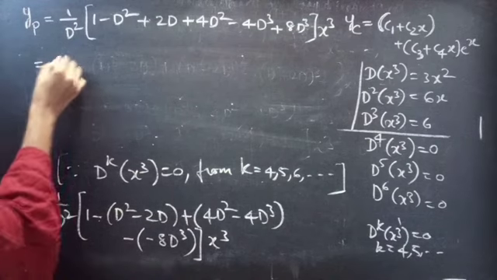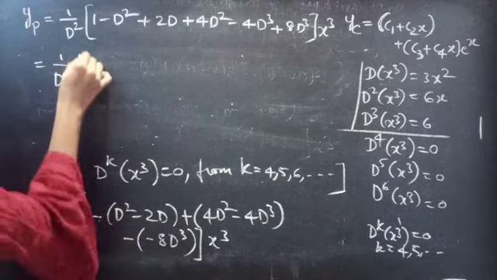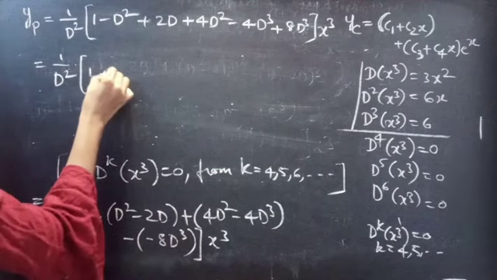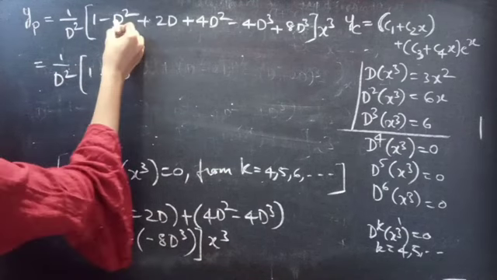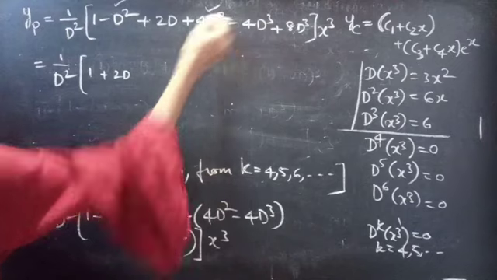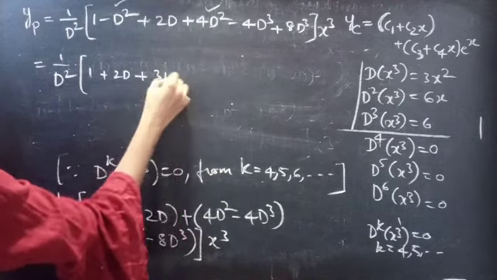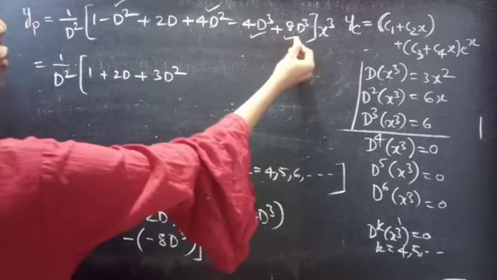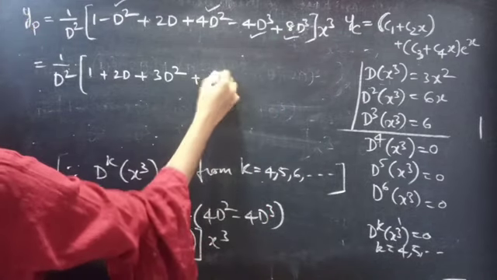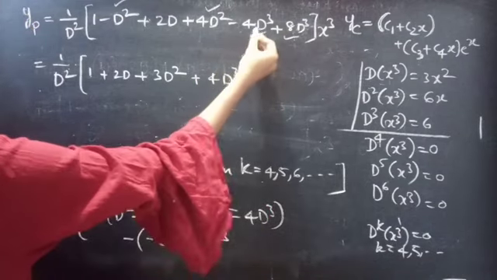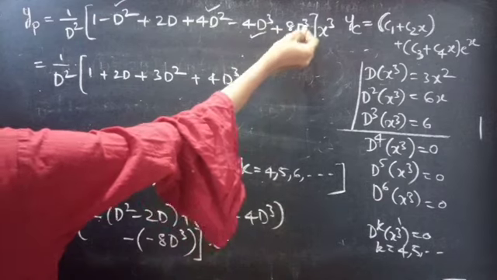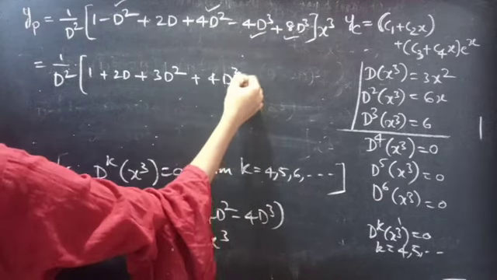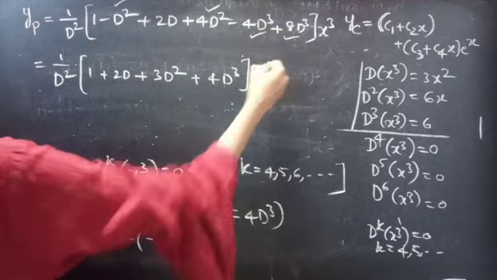This becomes 1 by D square into (1 plus 2D minus D square plus 4D square is plus 3D square, and minus 4D cube plus 8D cube is plus 4D cube) into x cube.